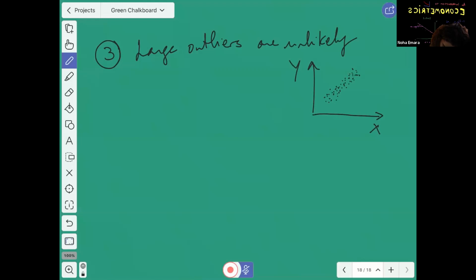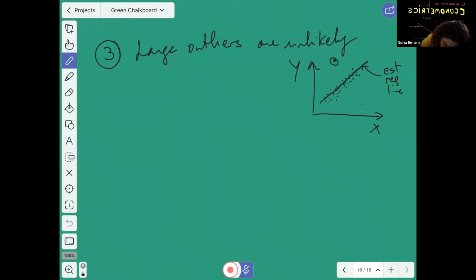This is the set of observations we have, and what we're trying to do is fit a certain line through these observations. This is what we call the estimated regression line. Suppose I have a certain observation right here, outside the range of observations.